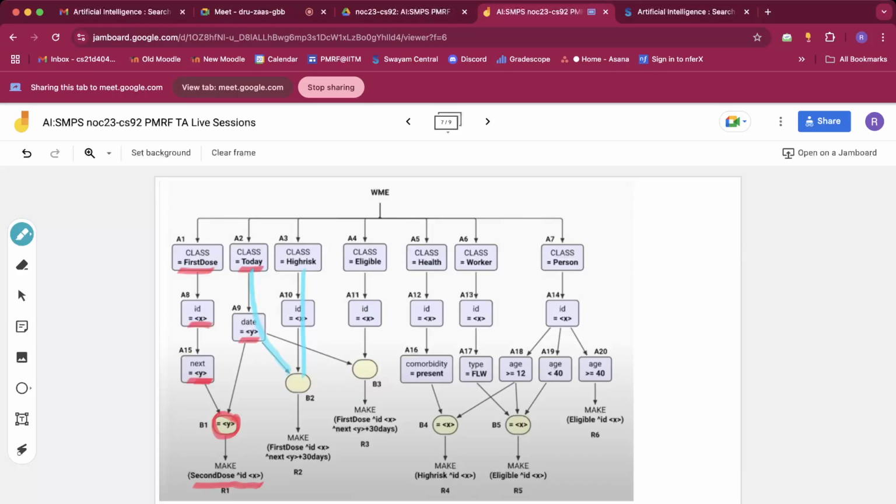What that tells us is that if today is date Y, and if a person with ID X belongs to the high risk category, then we can add the information that person X has the first dose, and the next dose for this person is scheduled after 30 days, Y plus 30 days.